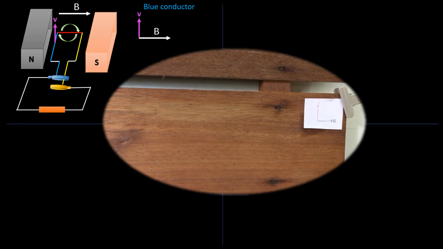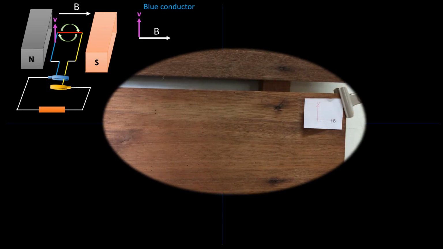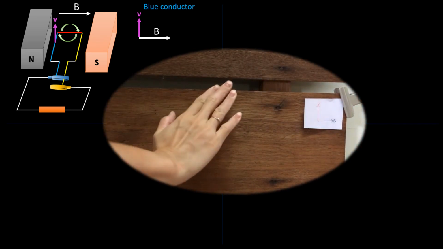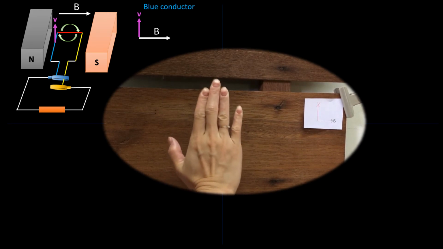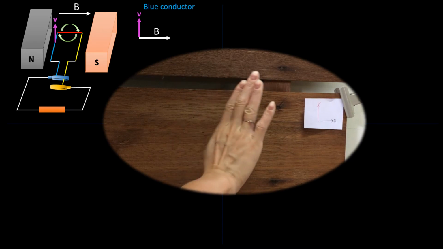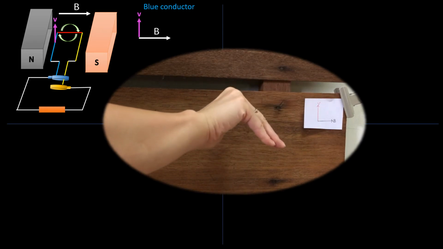Now look at how you determine the direction of your induced current using the right hand grip rule. For V pointing upwards, your forefinger needs to point upwards, and then your B is pointed to the right, which is the direction of the magnetic field. So you cross your fingers like this.